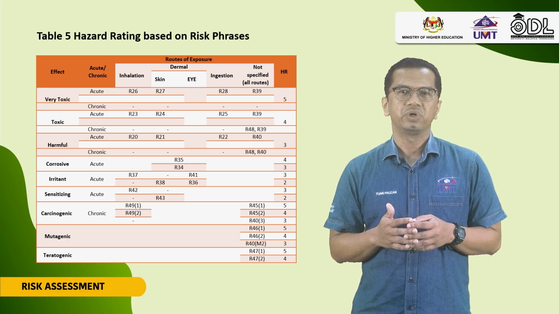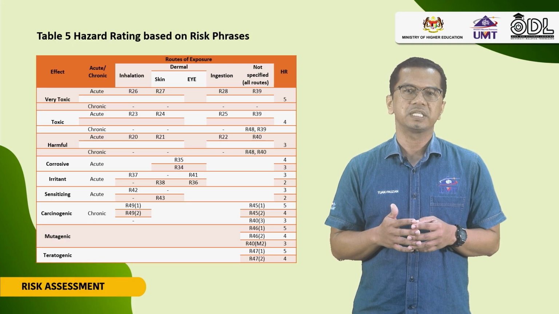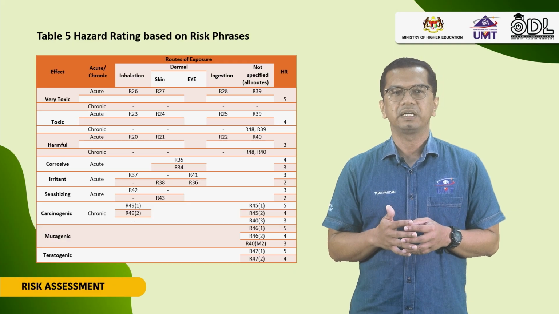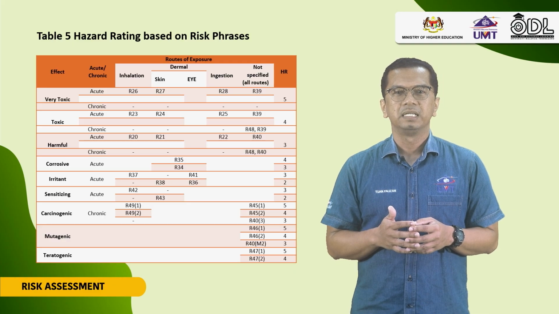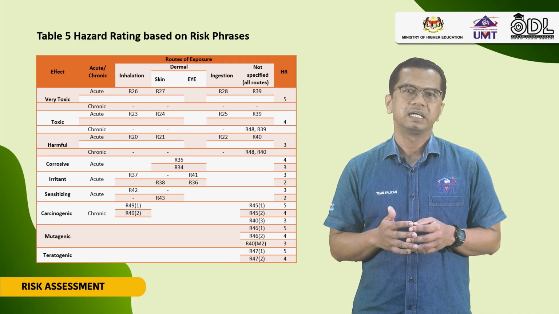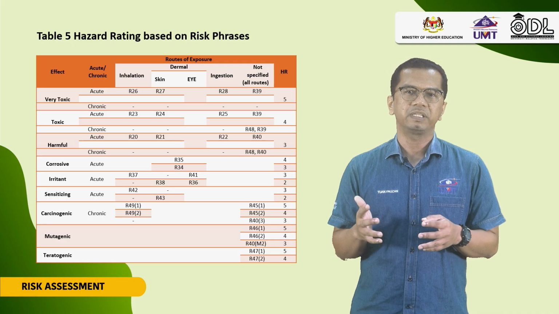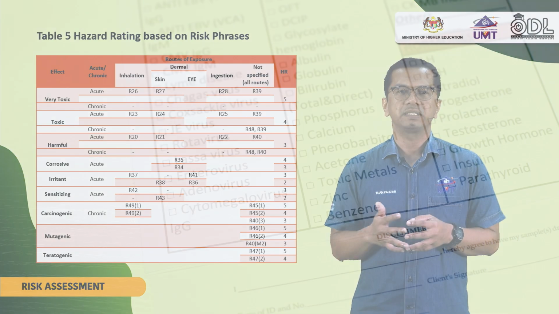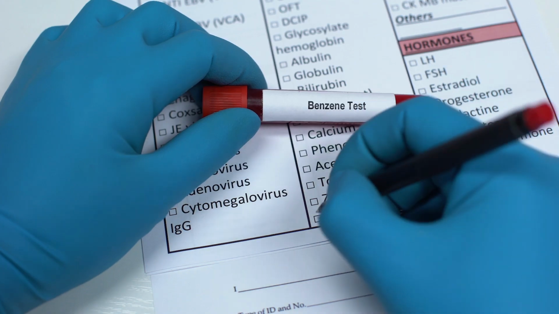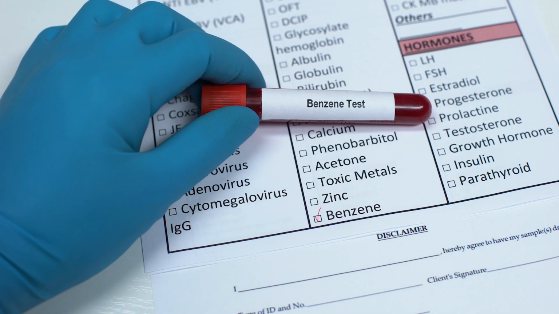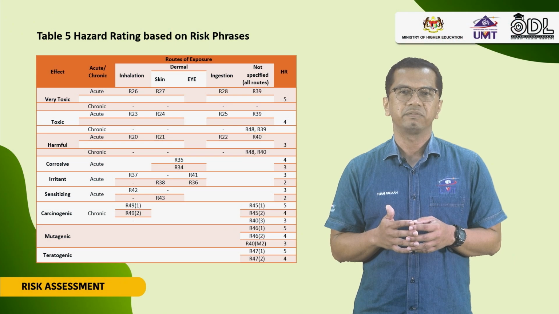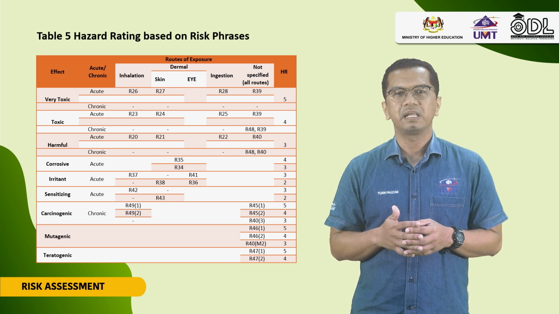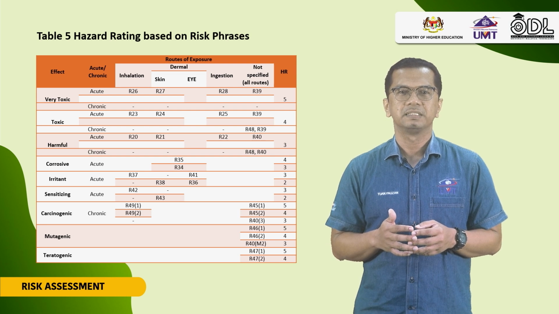Sensitizers, those that trigger allergic responses, such as R42 and R43, are rated with a hazard level of 2. Chemicals linked to cancer, R45, R49, genetic mutations, R46, or birth defects, R47, are rated between 3 and 5, depending on the level of supporting evidence.